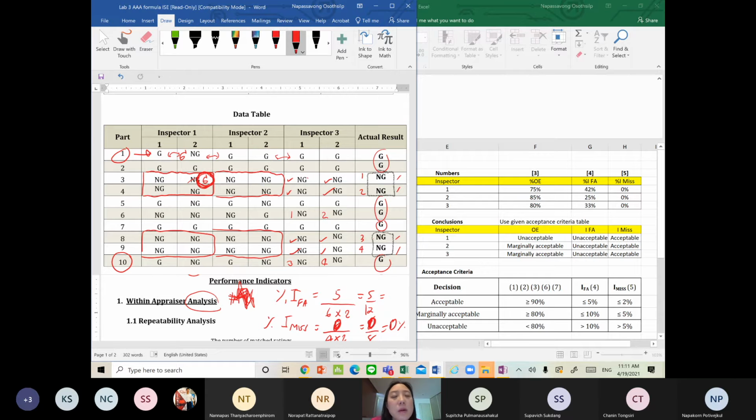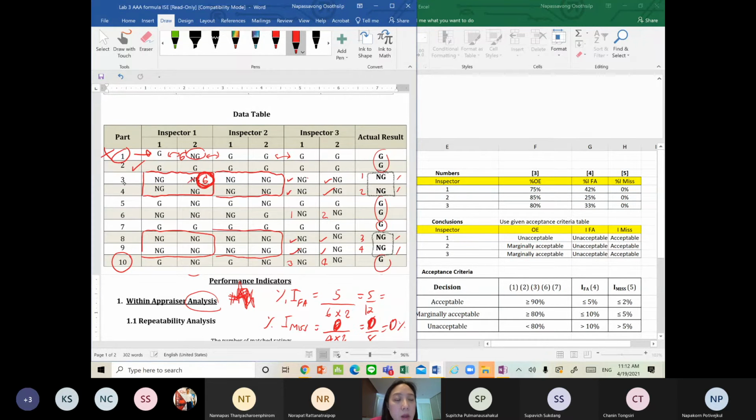But in this case, the second time of inspector 1 is not consistent with other results, so you cannot count this part as repeatability is okay. Part number 2, all G, so pass.